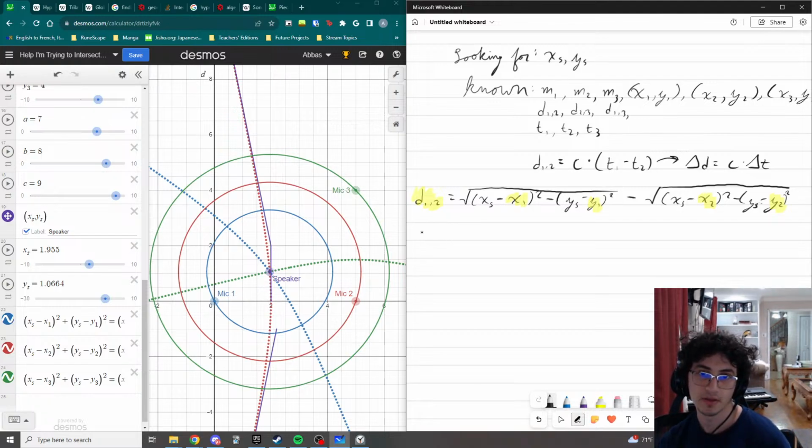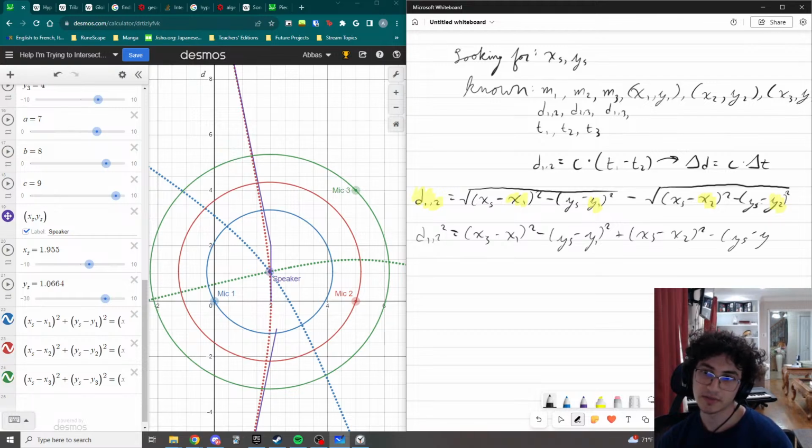Okay. So if I try squaring both of these terms, I'll end up with (xs minus x1) squared minus (ys minus y1) squared plus (xs minus x2) squared minus (ys minus y2) squared.